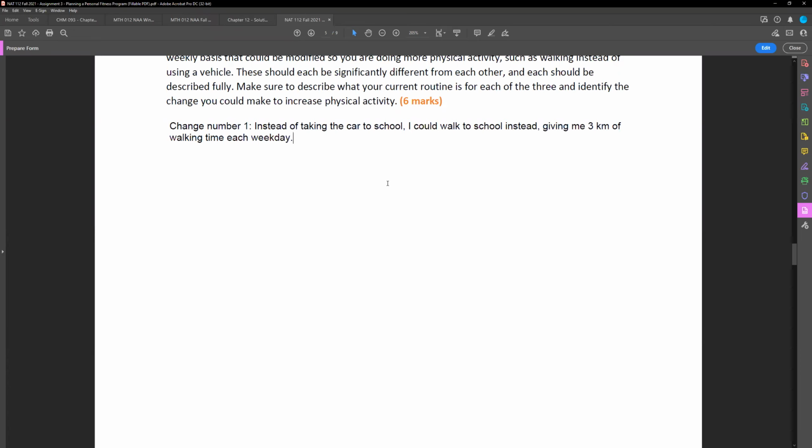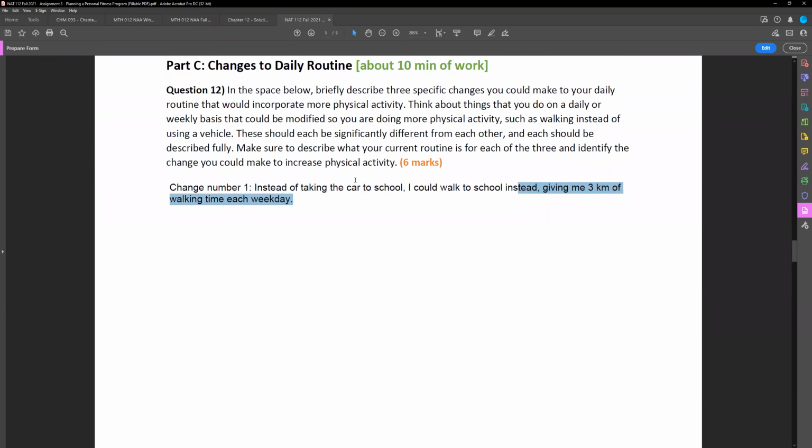Something like this is telling me this is my change. I normally take the car to school, but I'm going to make a change so that I'm going to walk to school, which will give me 3 kilometers of walking time each weekday. I'm explaining what I currently do and what I could do on something that is a daily routine, things that I'm doing almost every day.